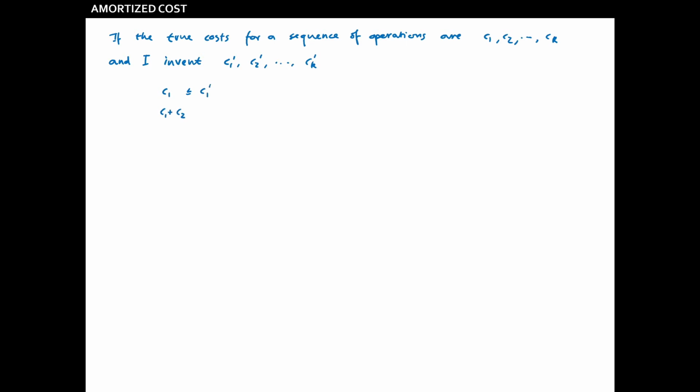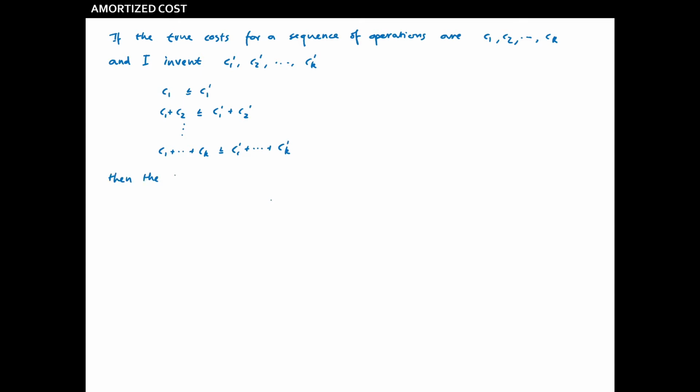If the true costs for a sequence of operations are C1, C2 up to CK, I'm imagining here a sequence of k operations, each with their own true cost, and I invent some fictitious costs C1 prime, C2 prime up to CK prime with the following property: C1 is less than or equal to C1 prime, C1 plus C2 is less than or equal to C1 prime plus C2 prime, and so on, all the way to C1 plus ... plus CK less than or equal to C1 prime plus ... plus CK prime.